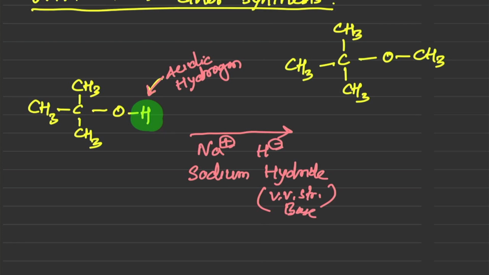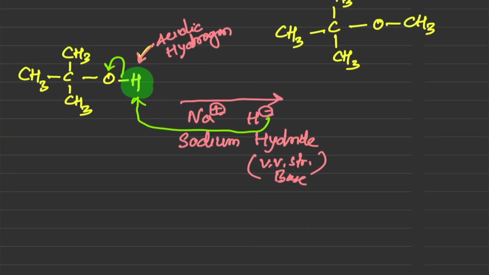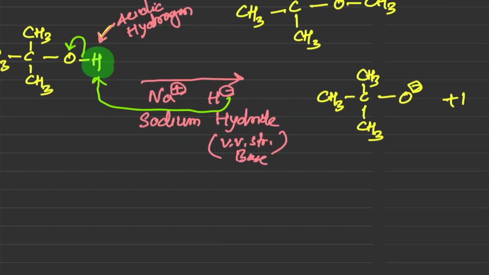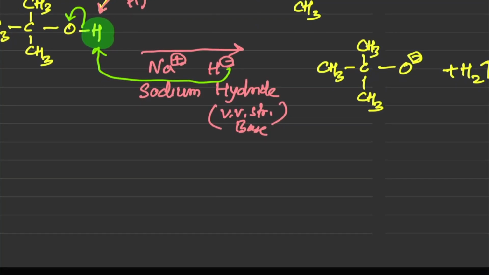What the hydride ion will do is abstract the proton. Let's draw the product from here. We got CH3, CH3, and we got O minus. Obviously you'll make hydrogen gas that will go out of your reaction. So you make O minus.